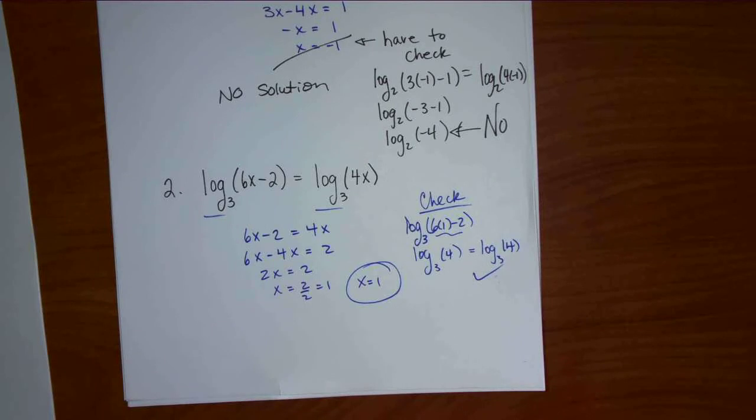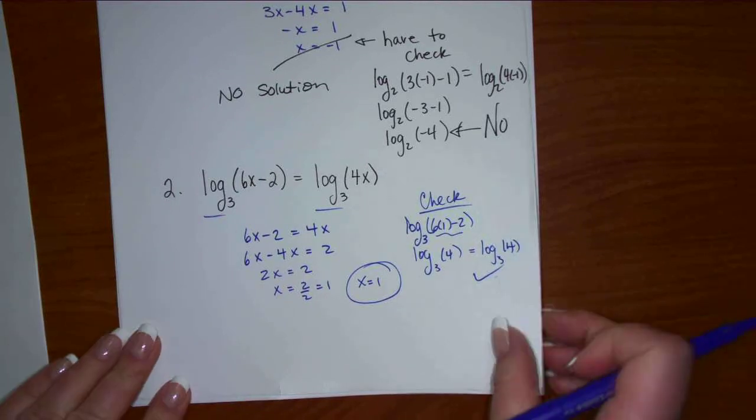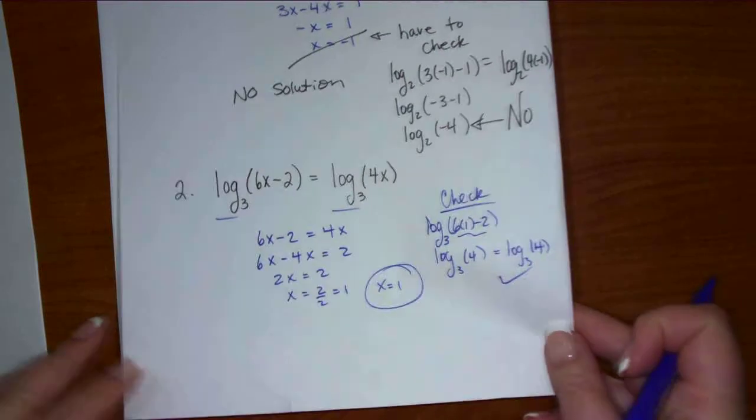There's a log on both sides. That's not normally what's going to happen. So we'll do the ones that aren't like that, right? So number 3.